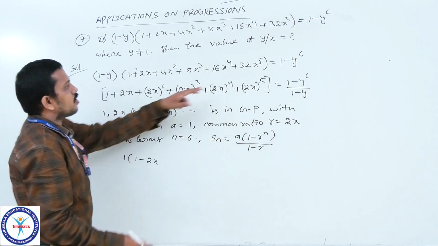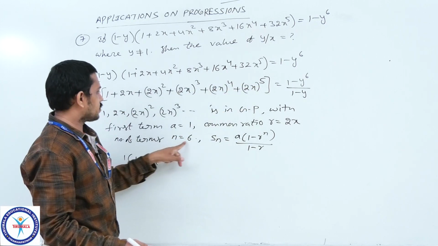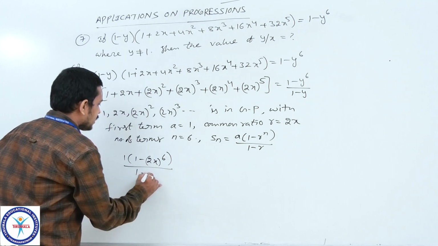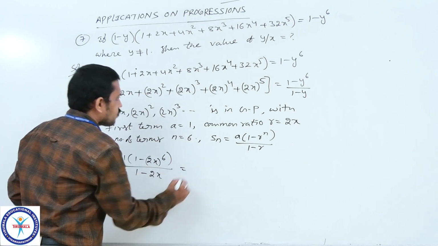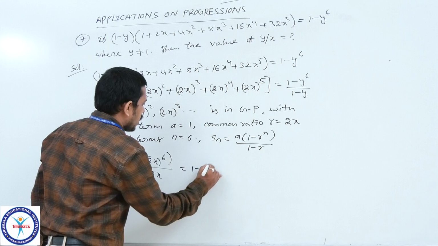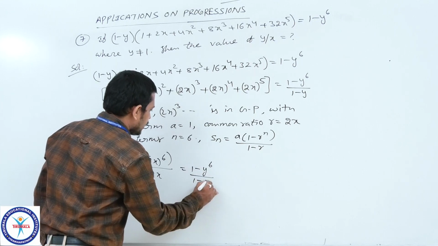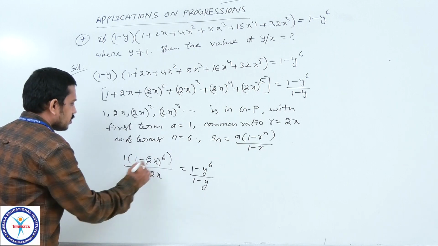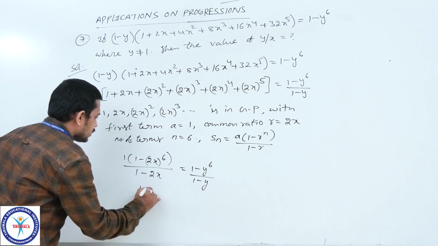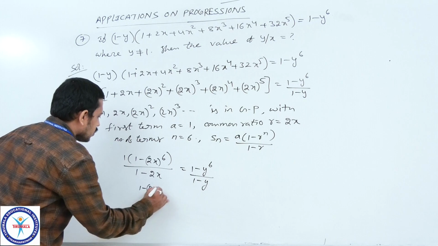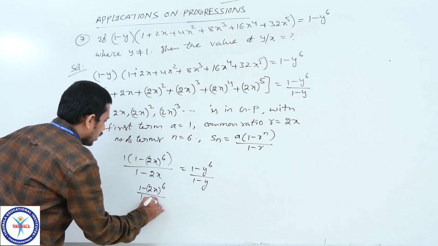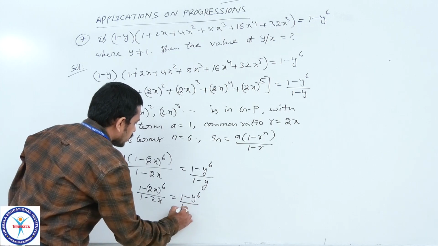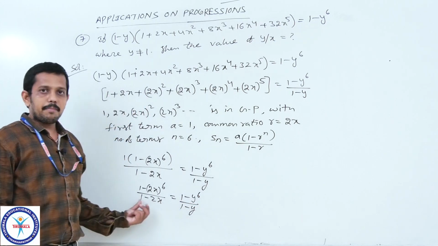Here n is equal to 6, the number of terms, so (1 − (2x)⁶) by (1 − 2x) is equal to (1 − y⁶) by (1 − y).